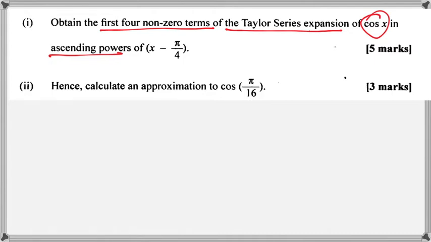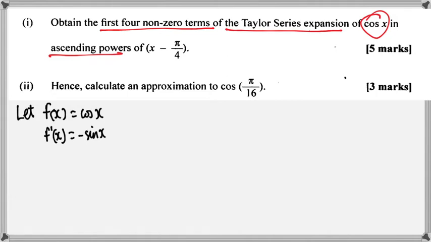My first thing would be to write down the function and then start to find the derivatives. So let f of x be equal to cos x. The first derivative of cos of x is negative sine of x.